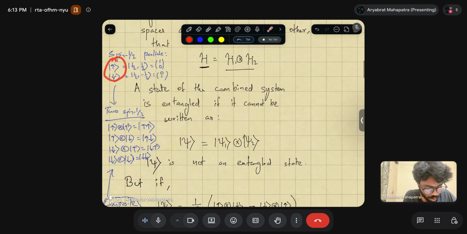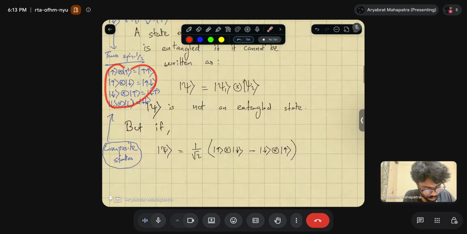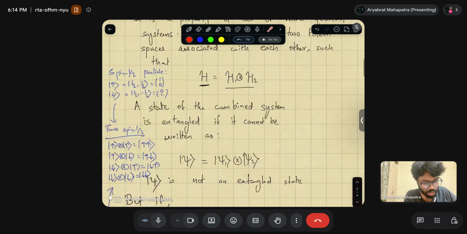But now we have a bigger Hilbert space. If one spin half was in the H1 Hilbert space, then the other would be in the H2 Hilbert space. And these composite states can be found inside the extended Hilbert space.